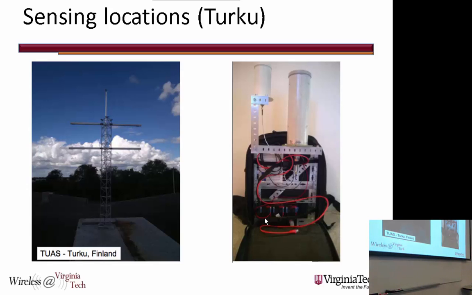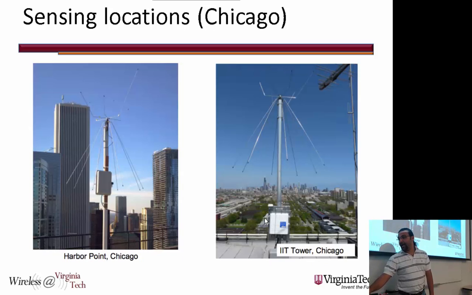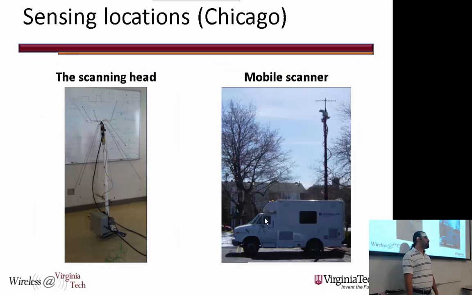Someone just stands there with the backpack on his back, scanning the spectrum for 2 hours before, 2 hours during the event, 2 hours after, and then we can look at what kind of relations and correlation we can find. In Chicago, they have two fixed sites, at Harbor Point in Chicago and the IIT tower over there, in addition to a mobile system that can be installed on a van and they just drive all around.